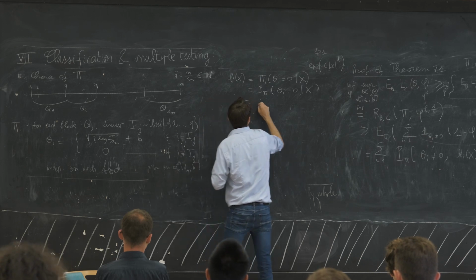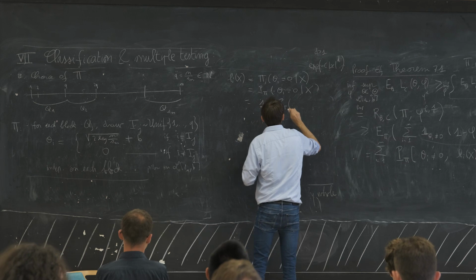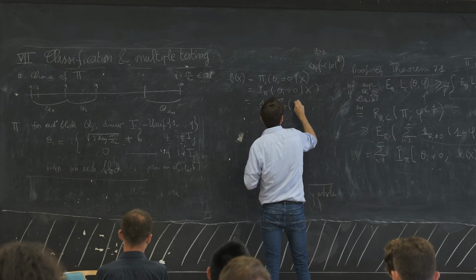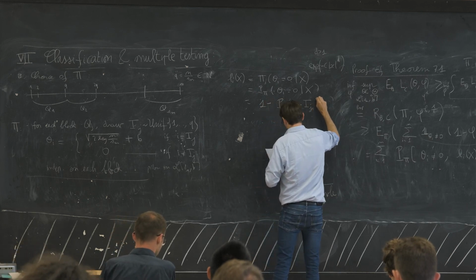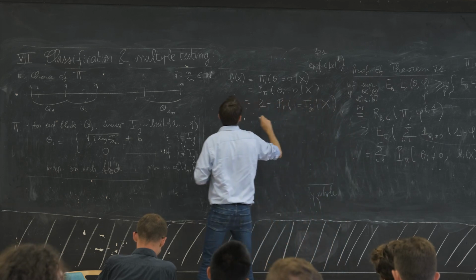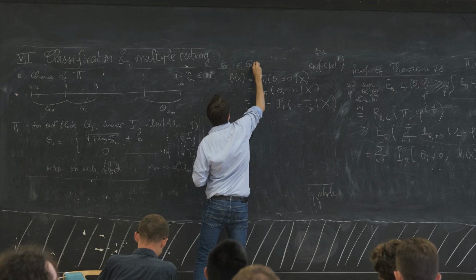So I can say that this is 1 minus the probability that it's non-zero. But if it's non-zero on coordinate i, it must be that i is equal to ij, just by definition that my prior draws a non-zero only at ij. So that's for i in block qj.